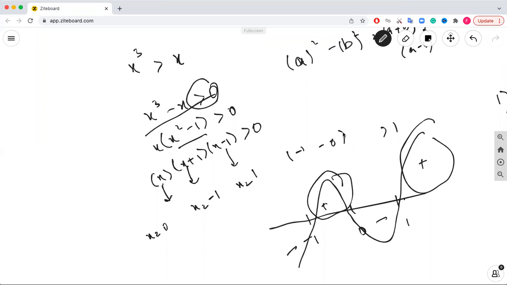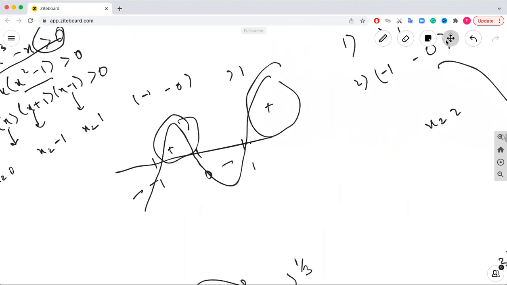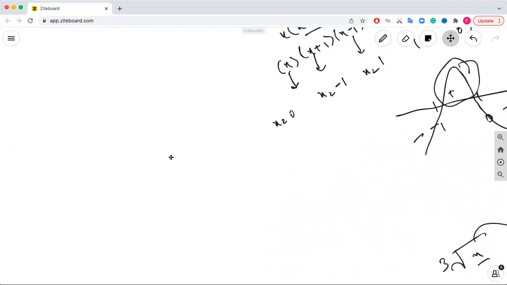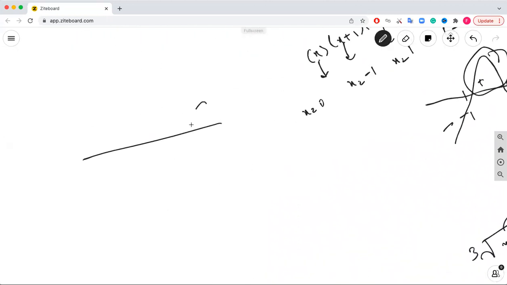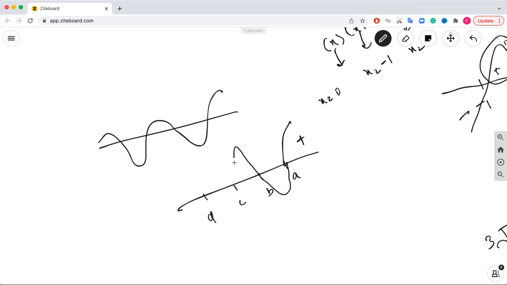Would you please repeat the last part? You have heard of the sine wave, you know about the sine wave. It is just like that, right? An S curve. In this, the concept is that whatever the intervals are, let's suppose you have 3-4 intervals, this is A, this is B, this is C. The concept is to start with the positive direction, then negative, then positive, then negative, then positive, right?